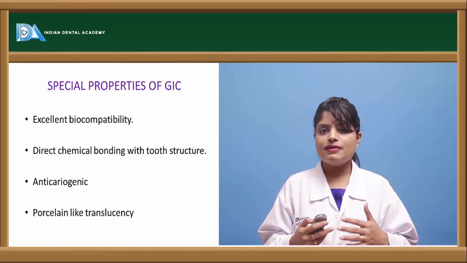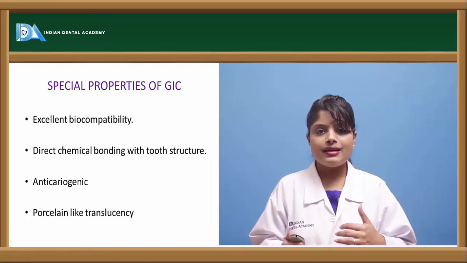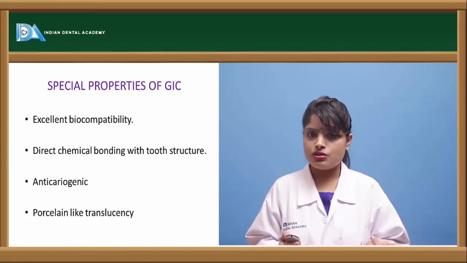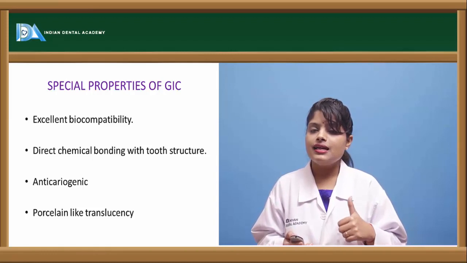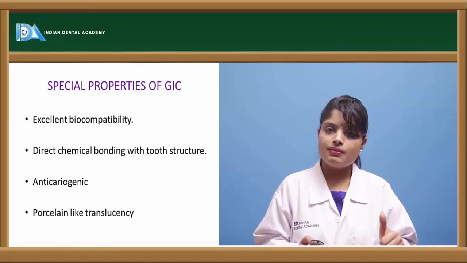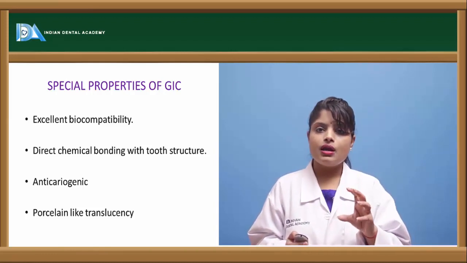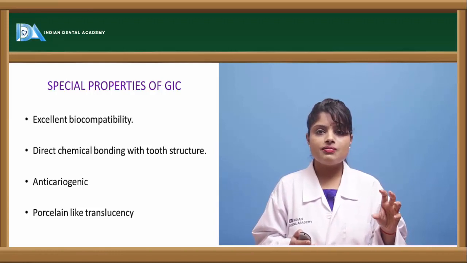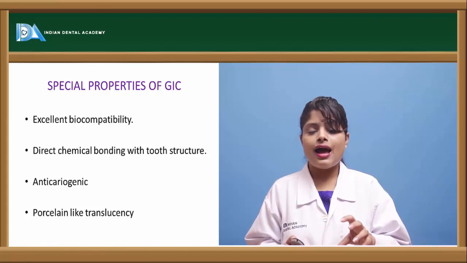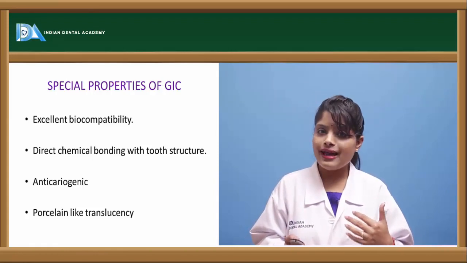Now, what are the special properties of glass ionomer cement which make it a material of choice in pediatric patients? First is the anti-cariogenic property. It is also a fluoride releasing cement. For example, in the composition of the glass ionomer cement, there are elements like aluminum fluoride, calcium fluoride and aluminum silicate, which release fluoride ions into the oral cavity.